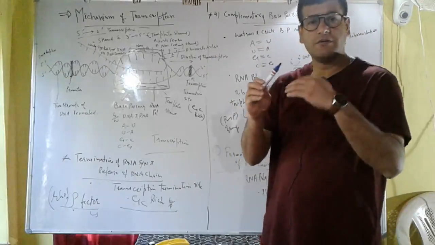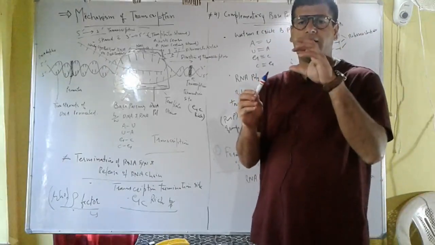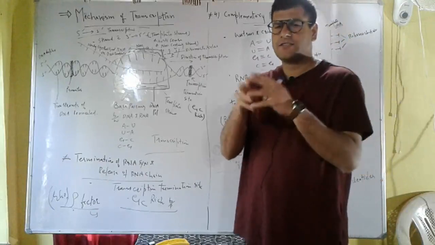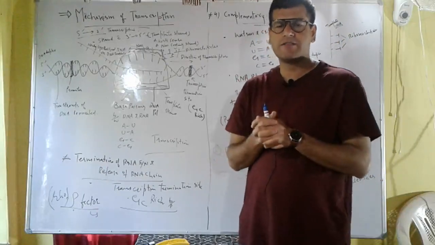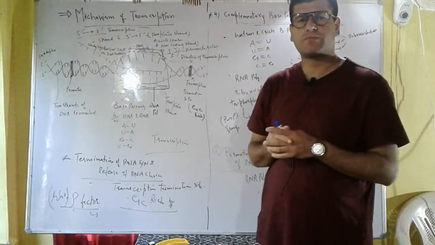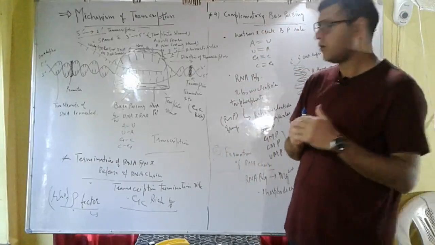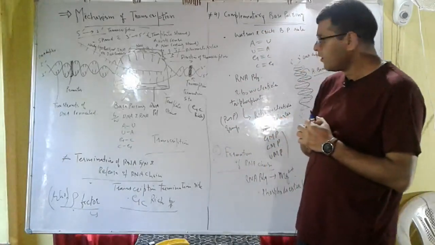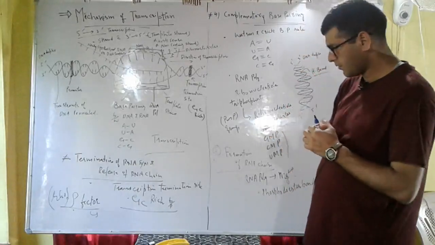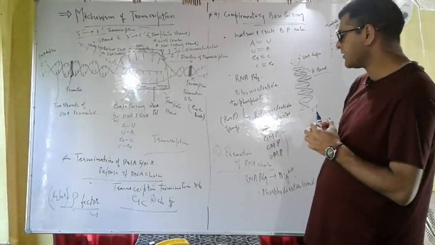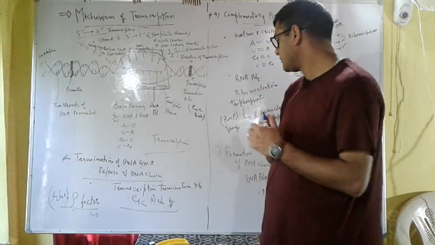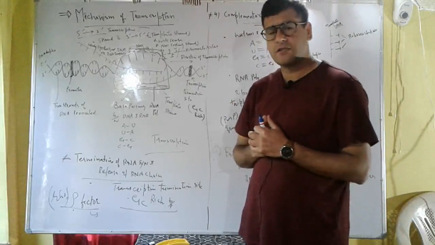It binds to the newly synthesized RNA chain at the transcription termination site, acts as an ATPase and stops the transcription. It is also responsible for the dissociation of the RNA chain from the DNA template. So this indicates termination of the RNA synthesis.